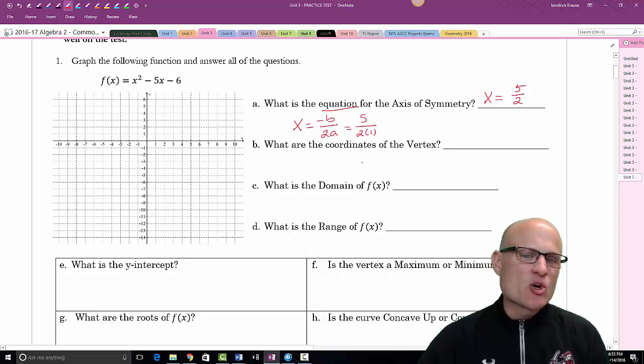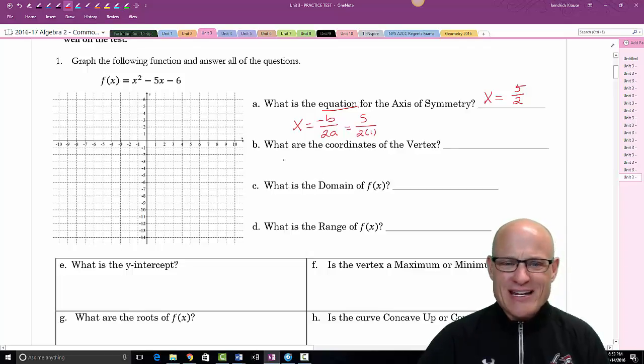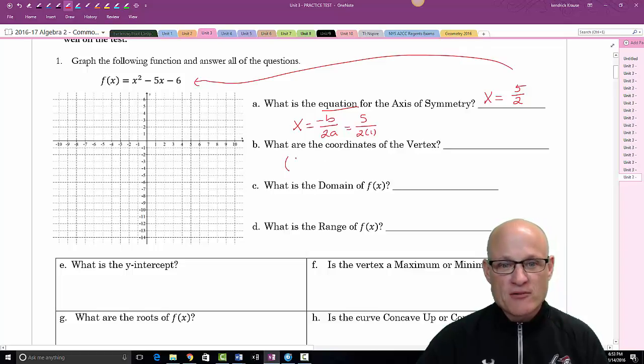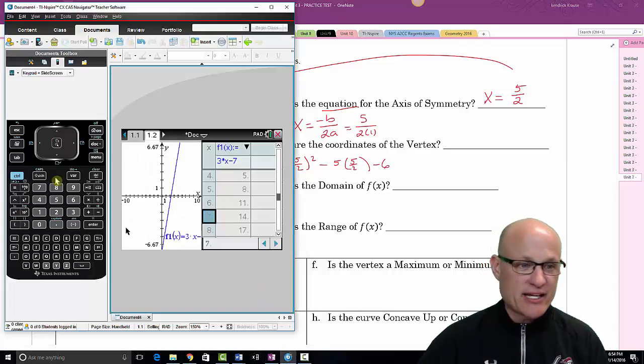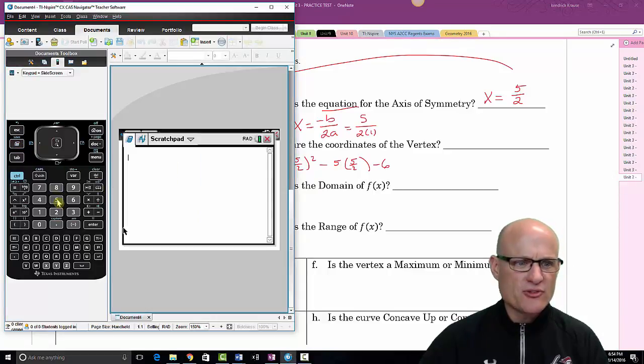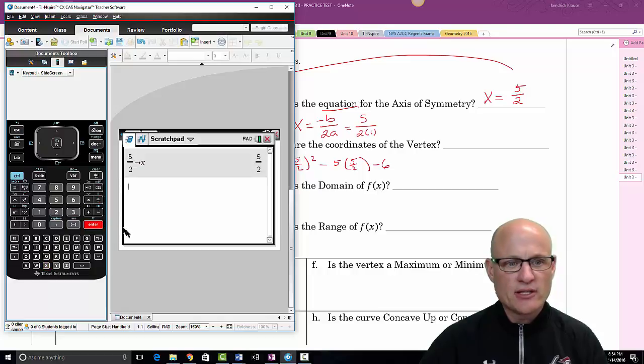Now I need to find the coordinates of the vertex. So what I need to do is take this 5 over 2 and plug it in. So that's going to be 5 over 2 squared minus 5 times 5 over 2 minus 6. Well, the easiest way to do that on your calculator is just take 5 divided by 2 and store it into x. Hit enter.